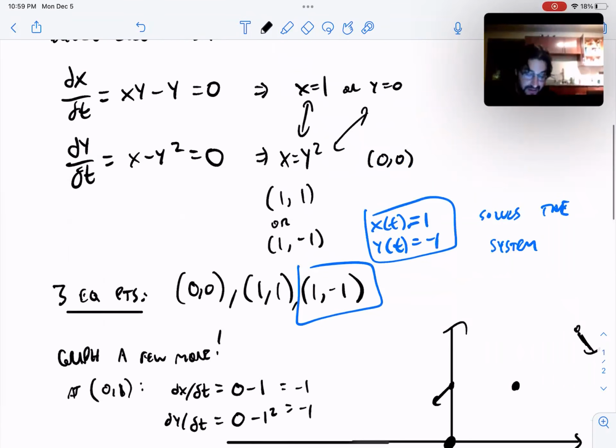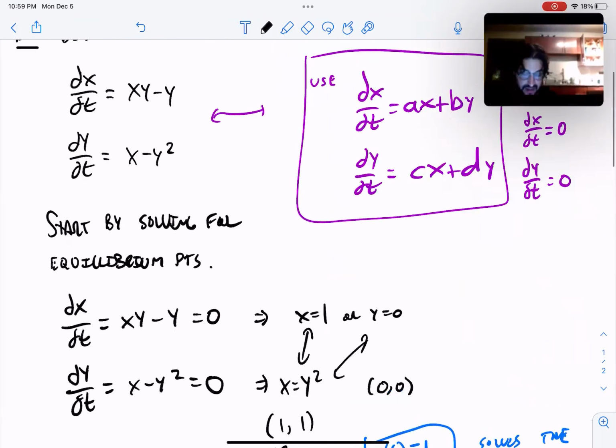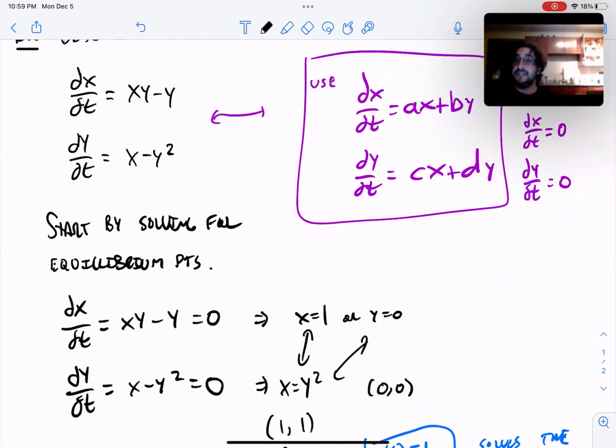But here's the nicest thing to do: at each of these three equilibrium points, let's build the best approximating linear system for each of those equilibrium points.